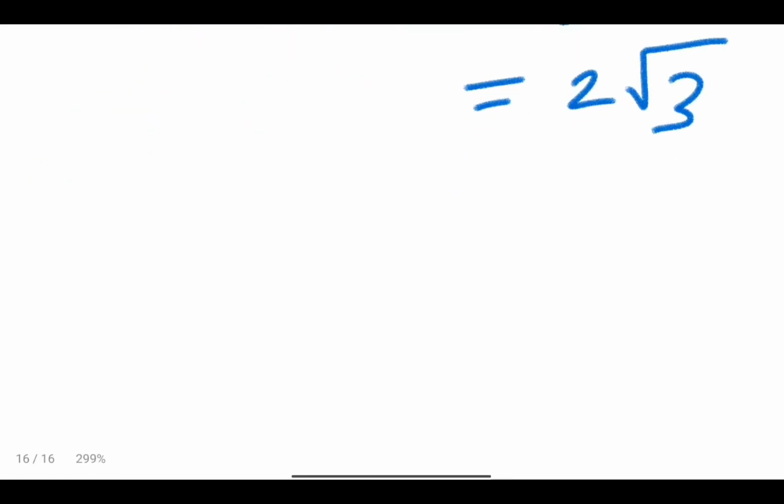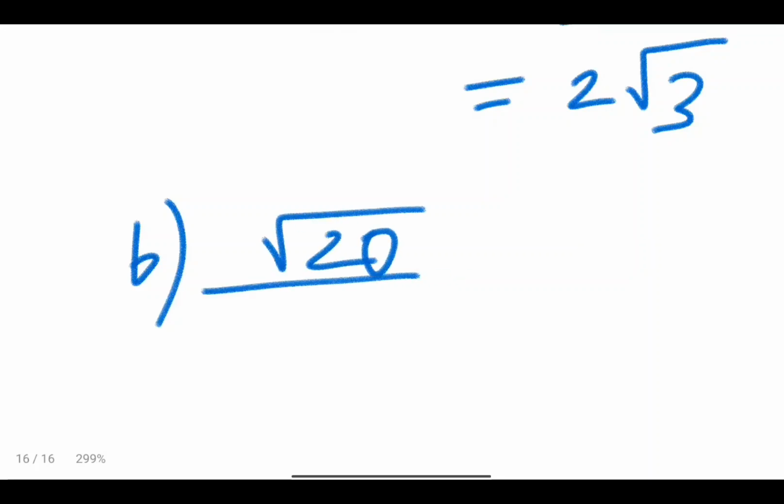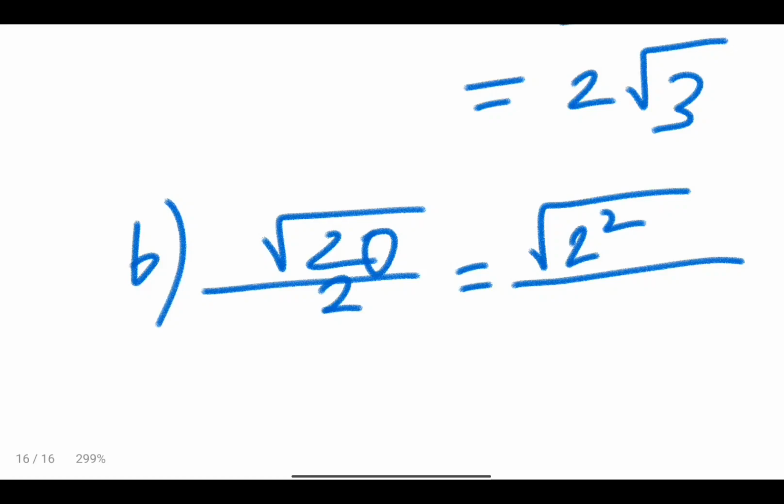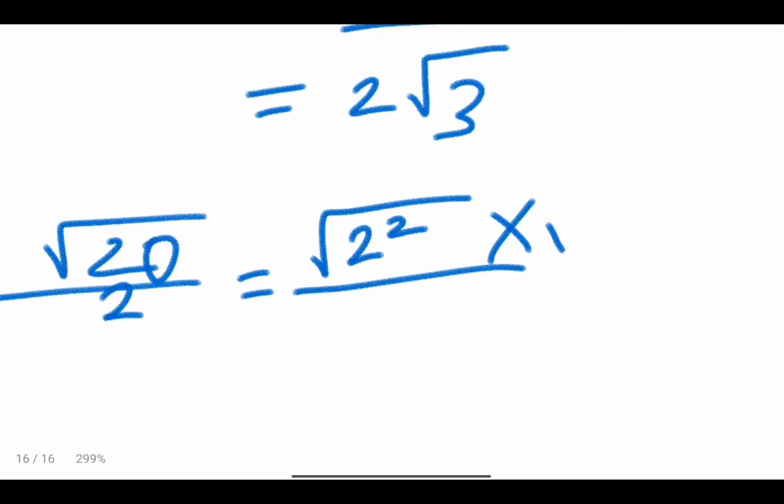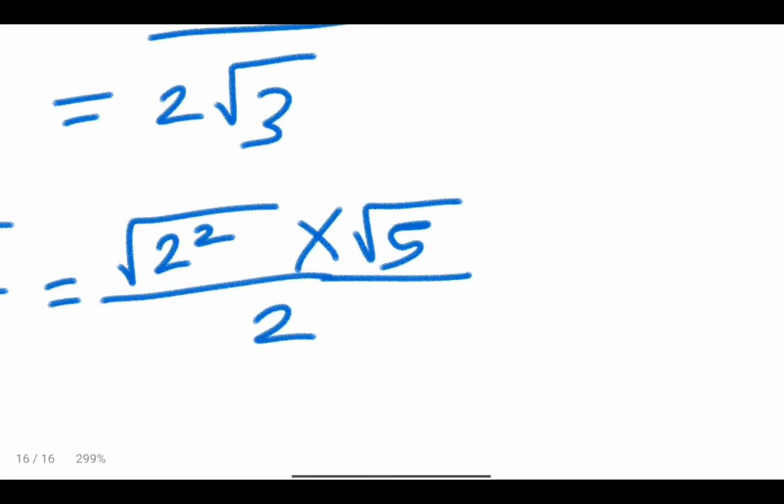Okay? Next is this. So we know that it's the same as this times this, which is simply just root over 5.